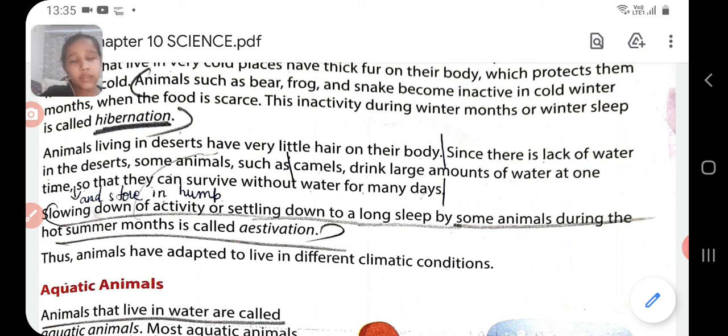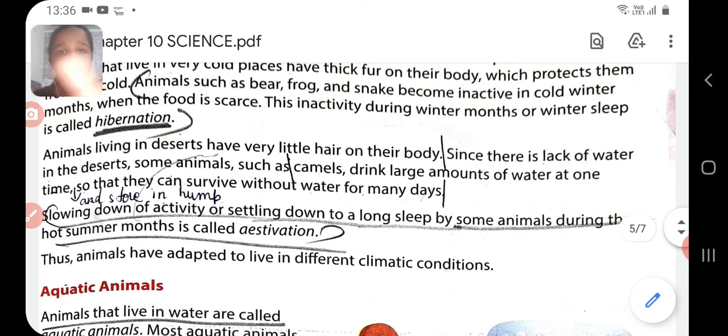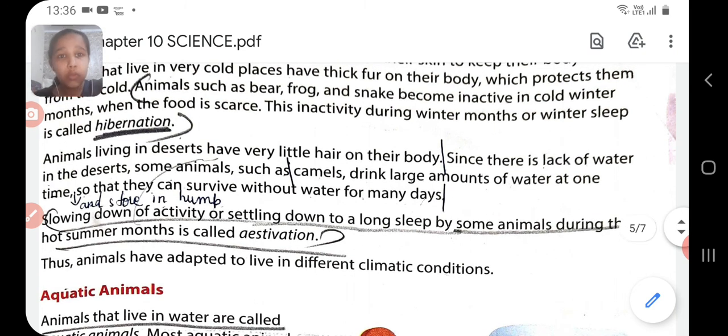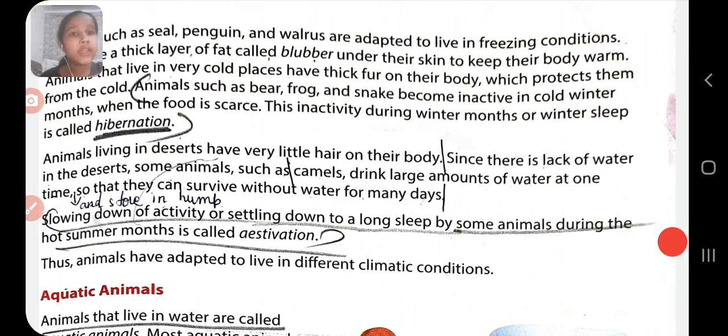You know that in the desert there is a lot of problem of water. So these camels drink lots of water at one time, and after that they store it in their hump, so that they can travel for many days.